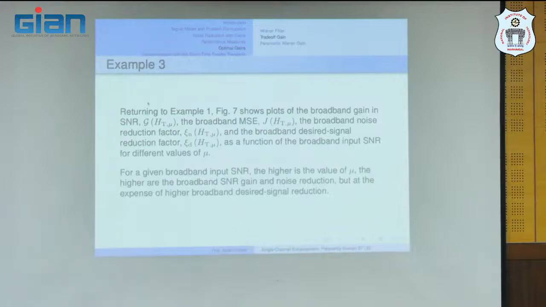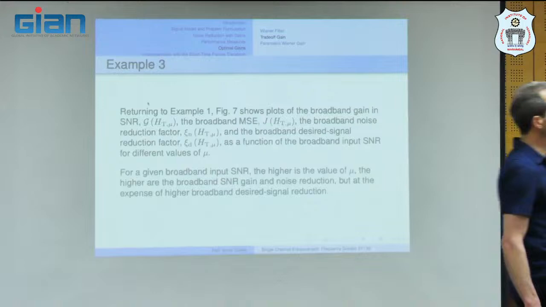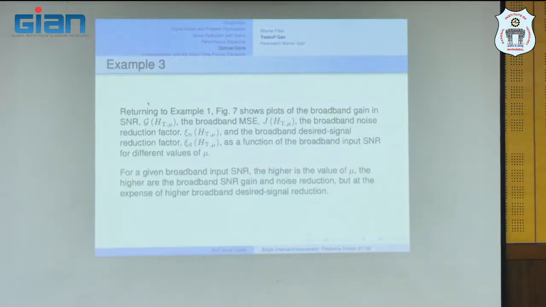Oh, okay, sorry. Okay, so let's see another example. Let's go to the first example that we saw at the beginning with the spectrum of the signal, and the spectrum of the noise, like this. So suppose that we have this example, which we said is example number 1.